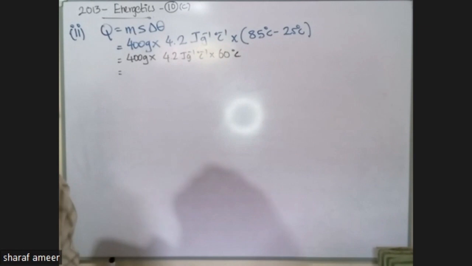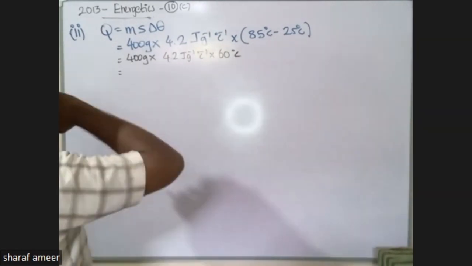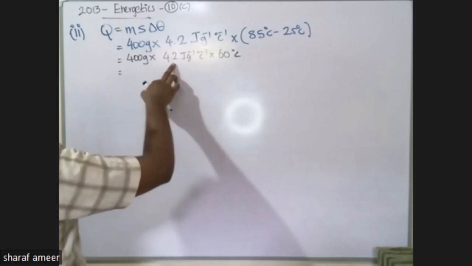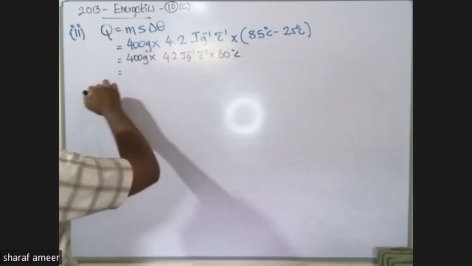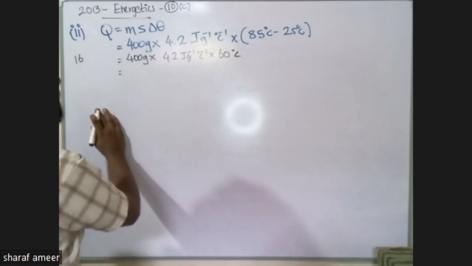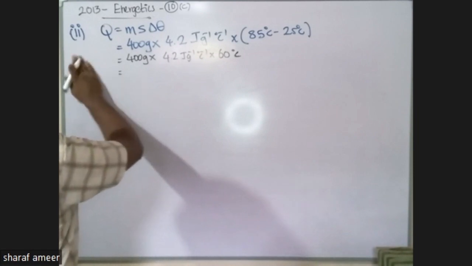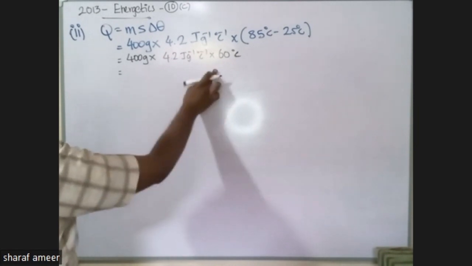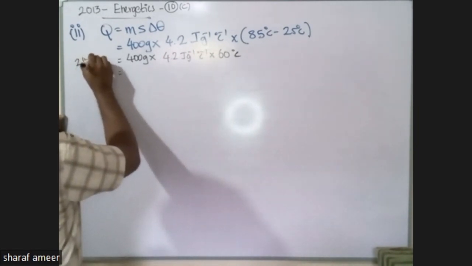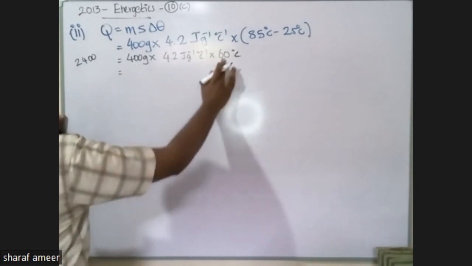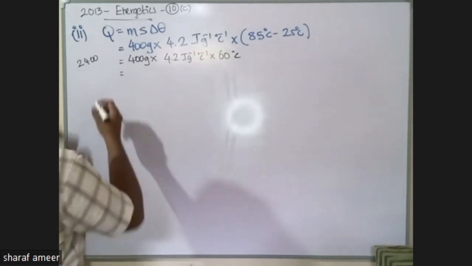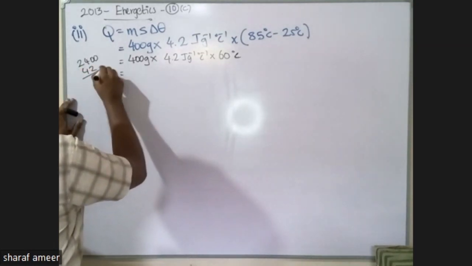Right? So if you multiply 400 with 6, 2400, then it's 42.